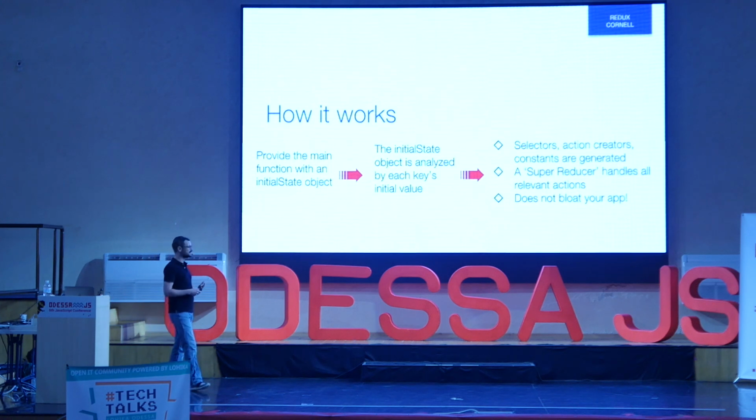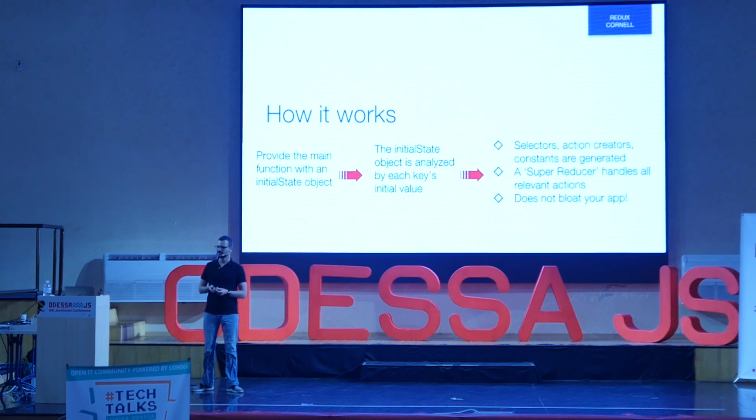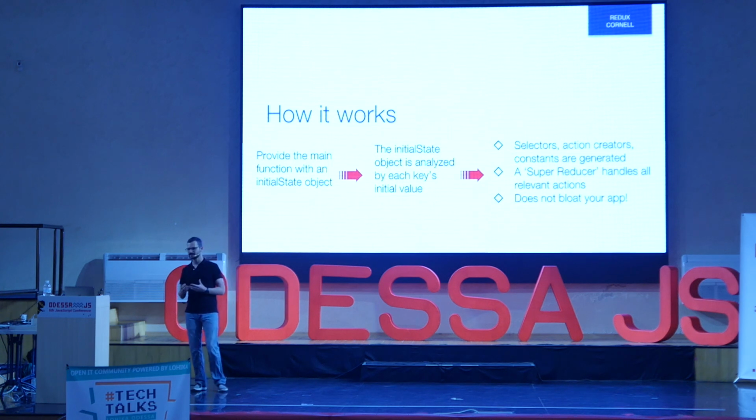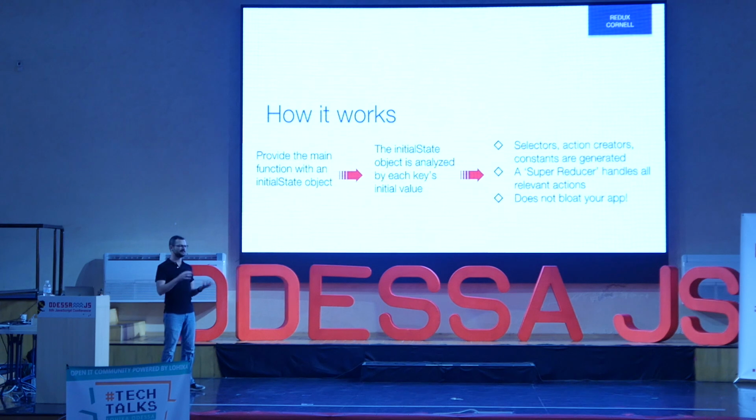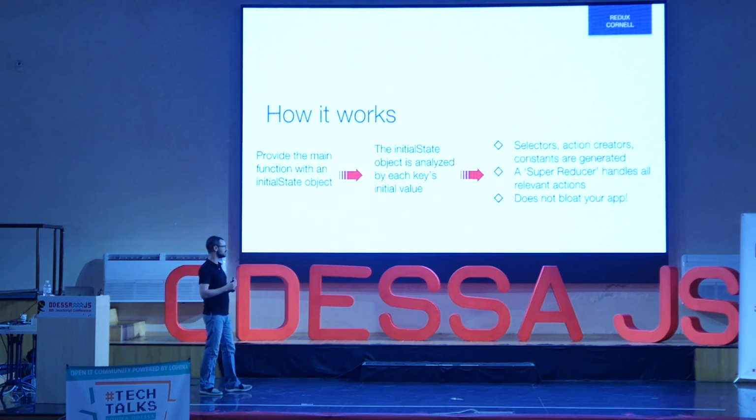So let's talk about the way that it works. When you import this library, you provide the main function with an initial state object. This object is analyzed by its keys and values, and this automatically generates for you in memory selectors, action creators, and constants.